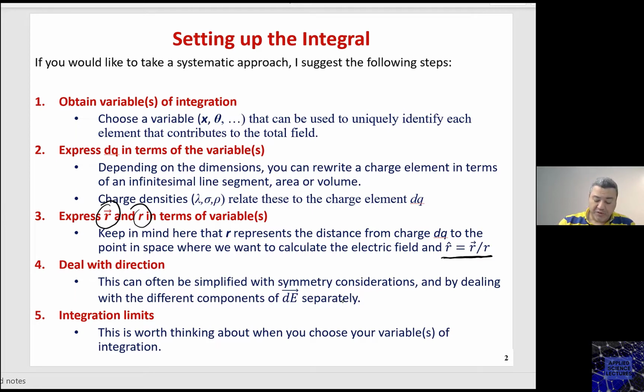Then we need to deal with the direction to see if there's any symmetry in my problem that will simplify calculating the electric field. And then we need to know our integration limit. So those are the 5 steps that you have to be aware of when you set up your integral.